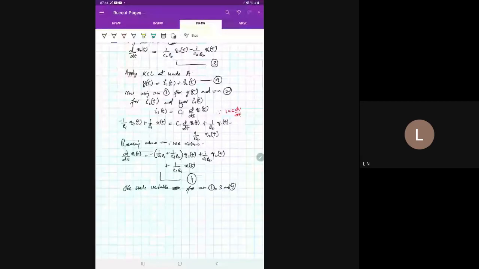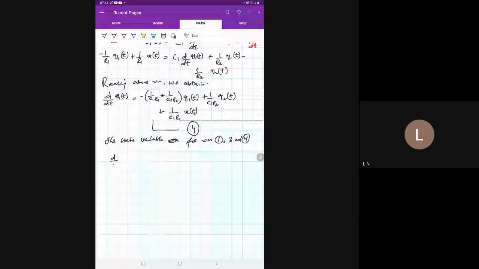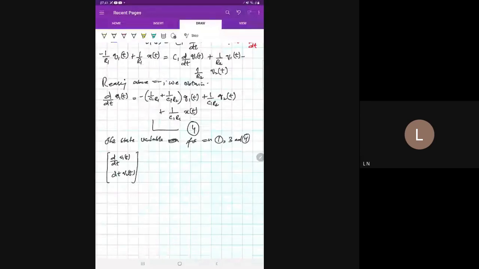On the left hand side we write d by dt of q1 of t and d by dt of q2 of t as one vector, which equals the matrix with first row minus (1 by c1 r1 plus 1 by c1 r2) and 1 by c1 r2, and second row 1 by c2 r2 and minus 1 by c2 r2.